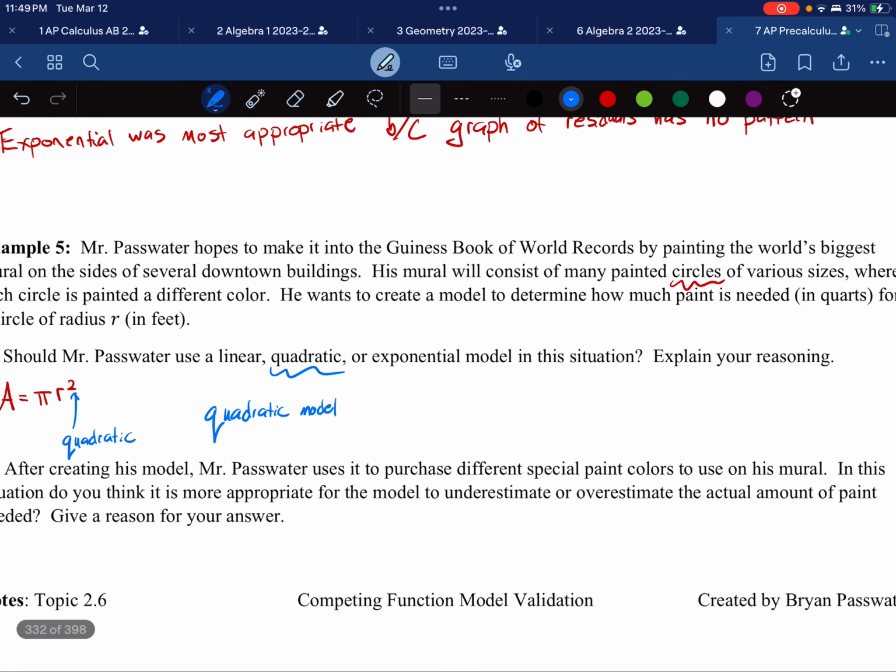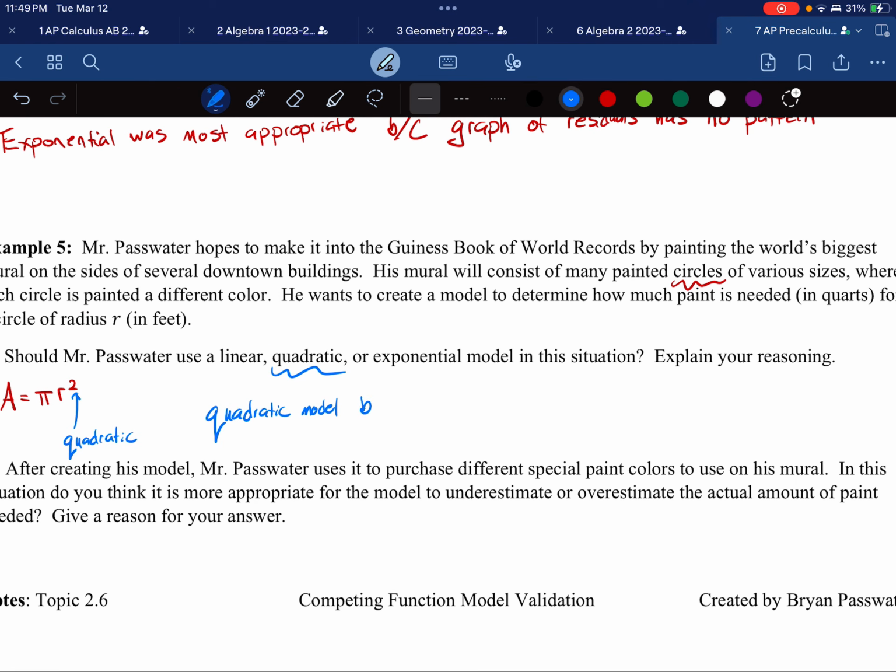Does it ask us why? Yeah, explain your reasoning. Because area equation has a variable to the power of 2. Power of 2 means it's quadratic.